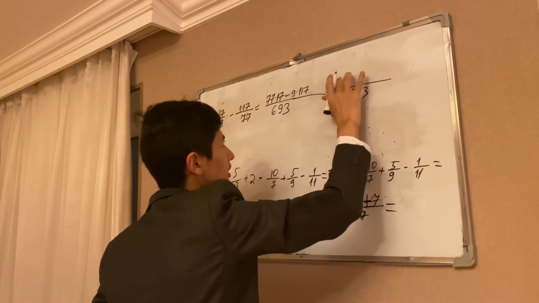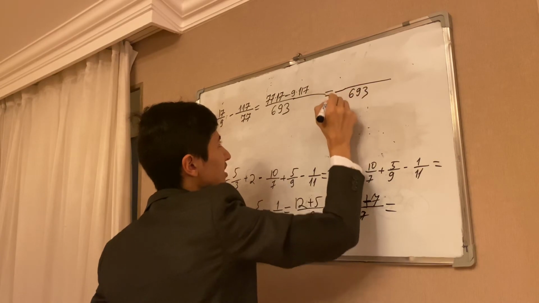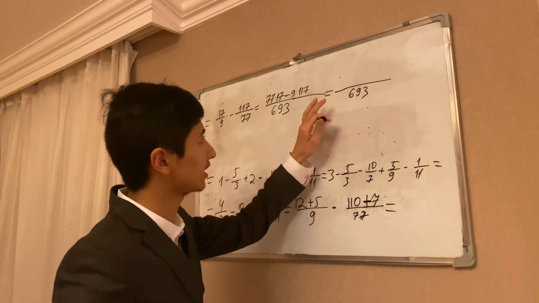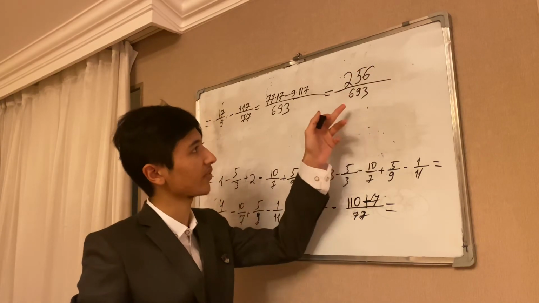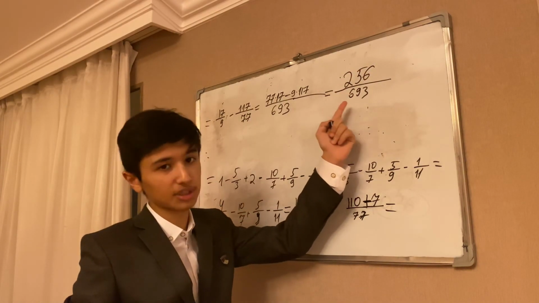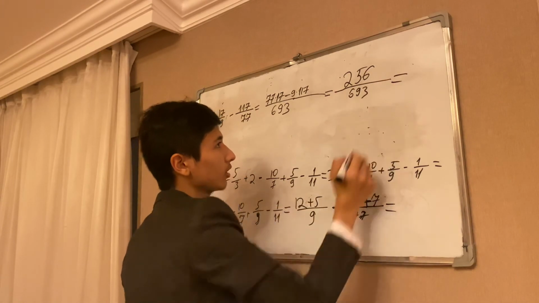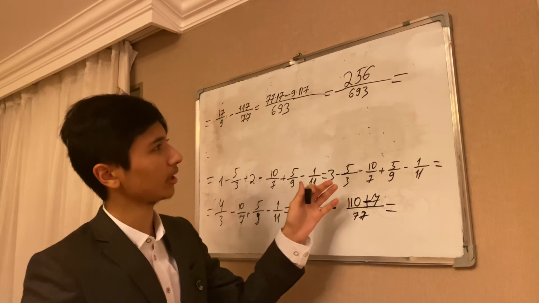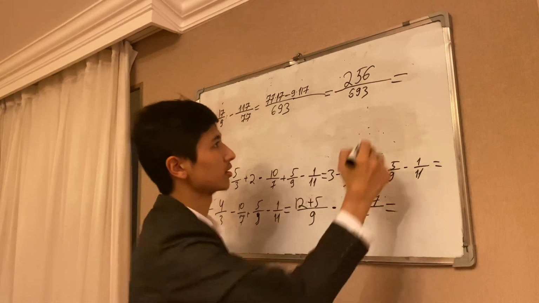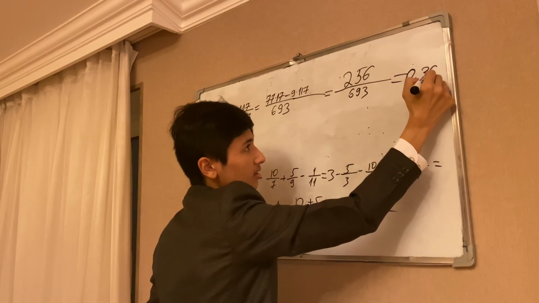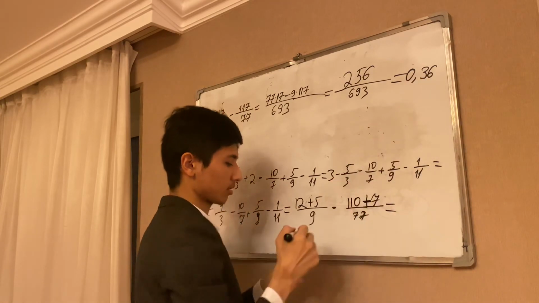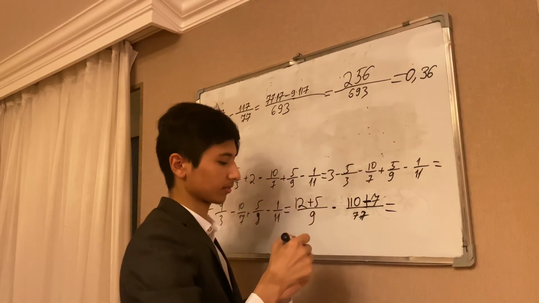I'm really sorry. So after some calculations, we will get 256 divided by 693, which equals approximately 0.36, and that's our answer.